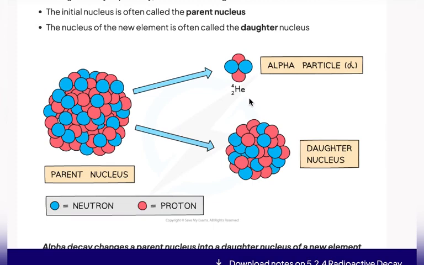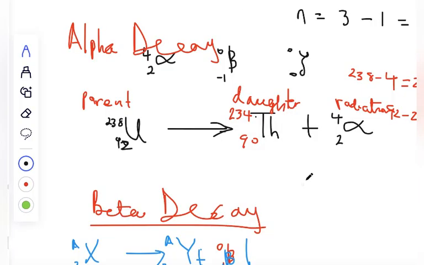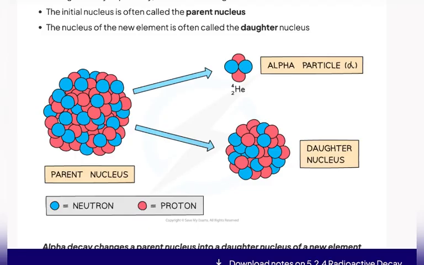So either we use this symbol for alpha, or we use a helium nucleus. We write 2 here, and we write 4 here. Is that okay? Either of them can be used interchangeably, depending on the text.